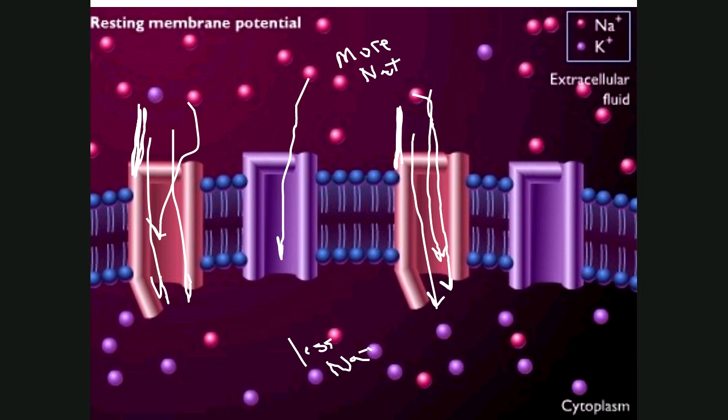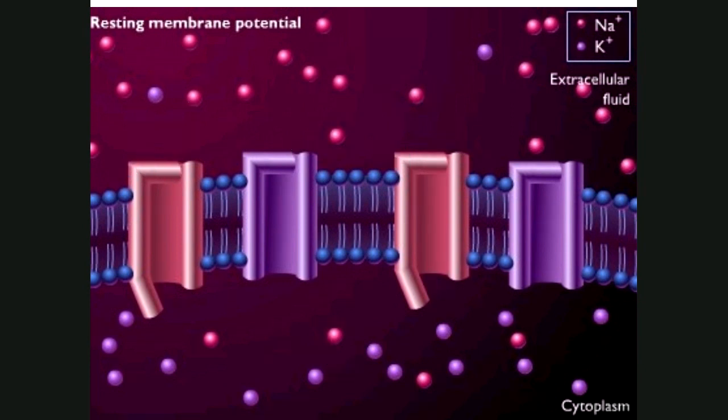Does that make sense? But look, these are potassium channels. And so sodium is not going to go through those. Only potassium is. So if we open this channel, potassium's going to move. But which way is potassium going to go?